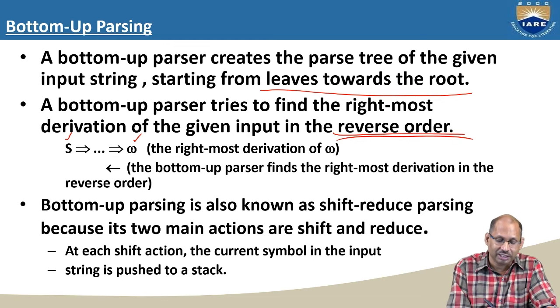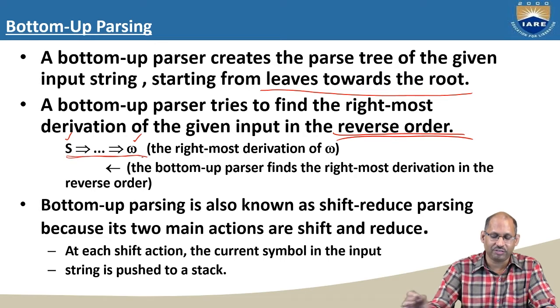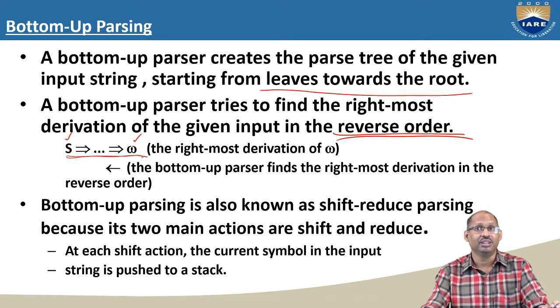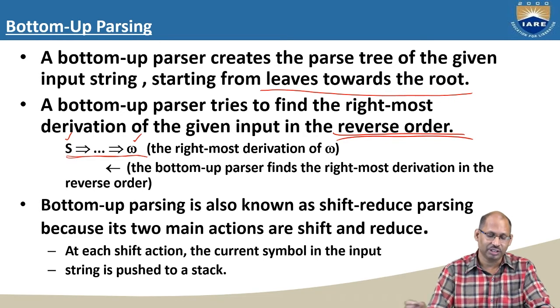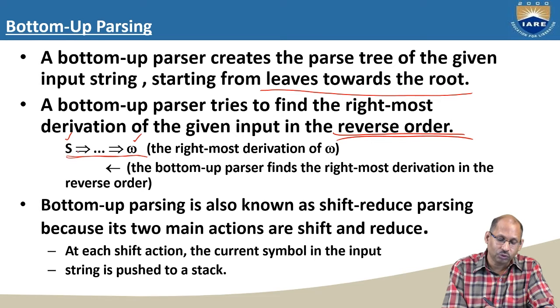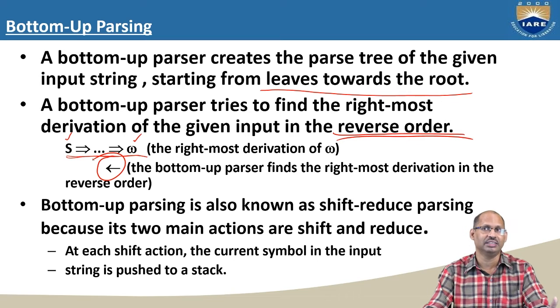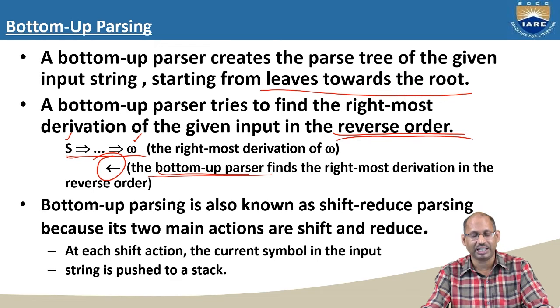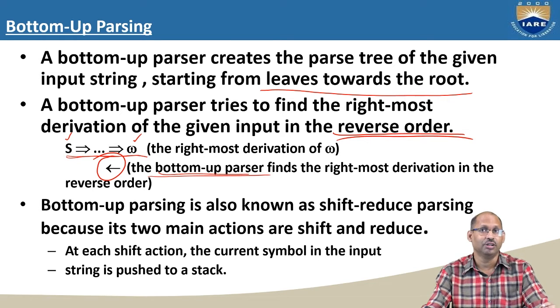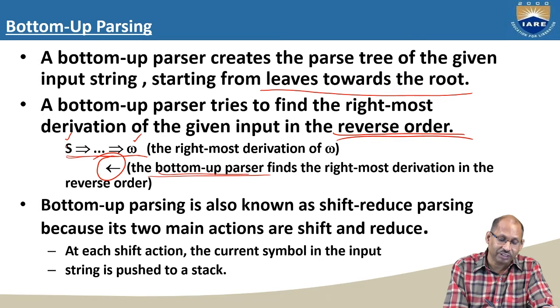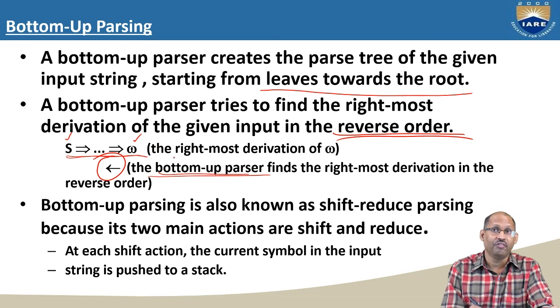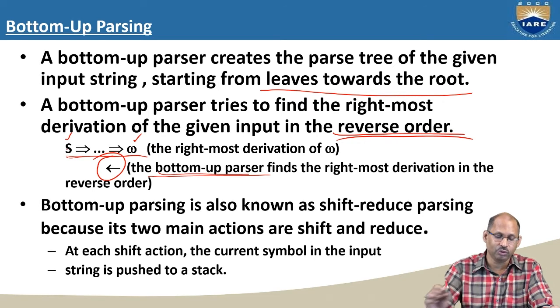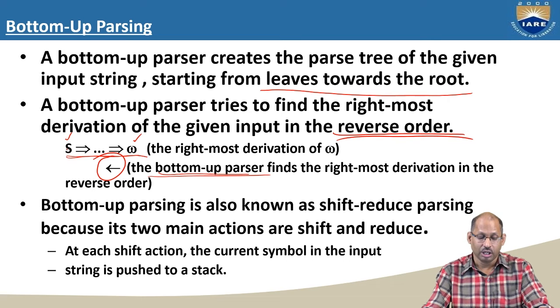S deriving W is the rightmost derivation. Then we consider it in reverse, from W to S. That is bottom-up parsing.